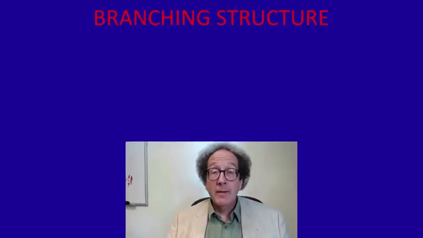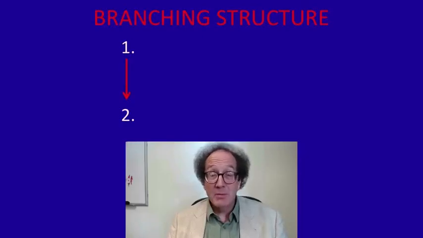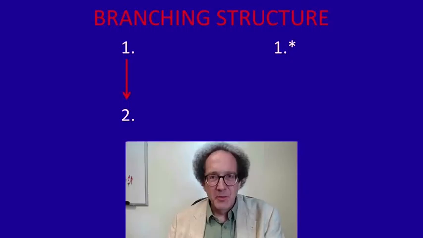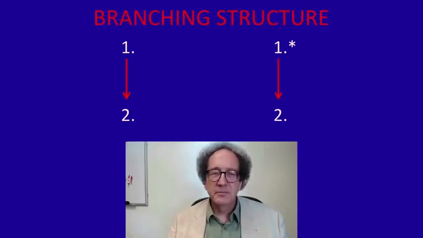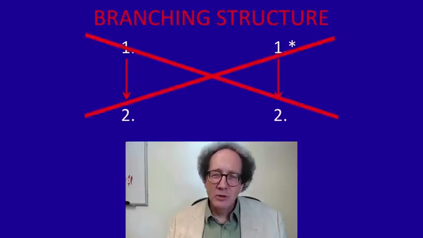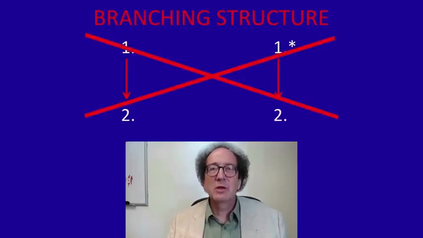One way to diagram it would be to simply draw an arrow between premise 1 and the conclusion 2. And then there's a separate argument, so you draw another arrow from 1 star, another premise, to conclusion 2. And that's okay, but notice that it doesn't show you that both premises are reasons for the same conclusion.